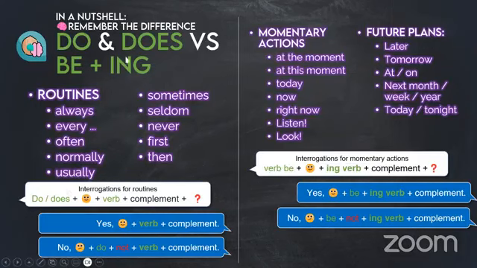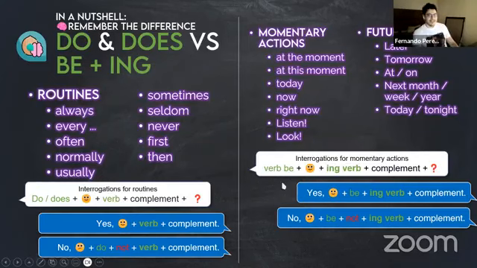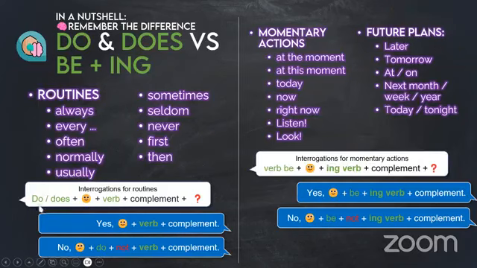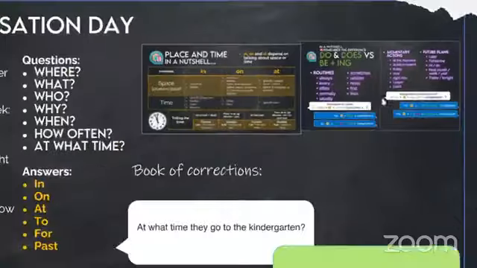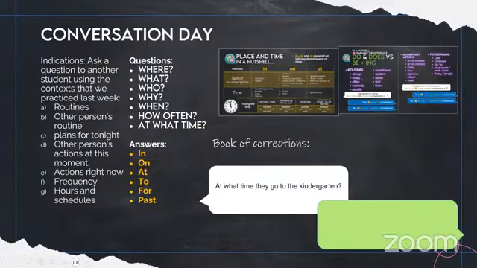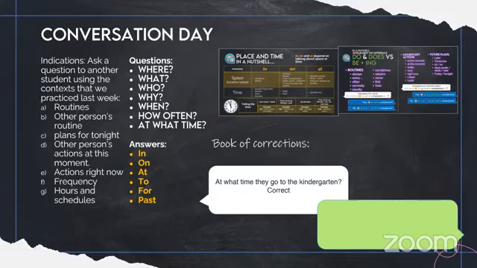Do. Exactly. Of course, verb to be too, but it depends. Verb be is for momentary actions, and verb do is for routines. At what time do your children go to the kindergarten?